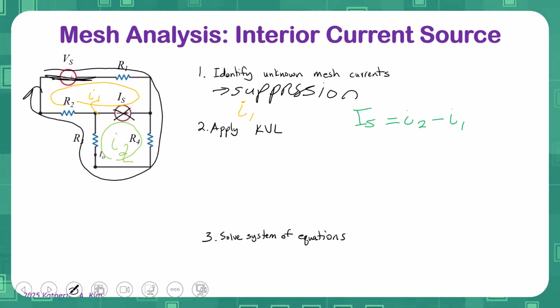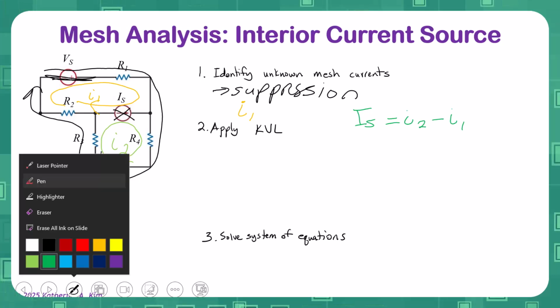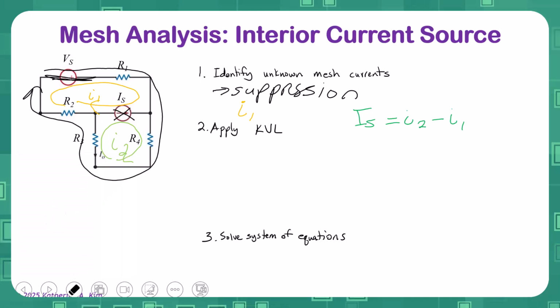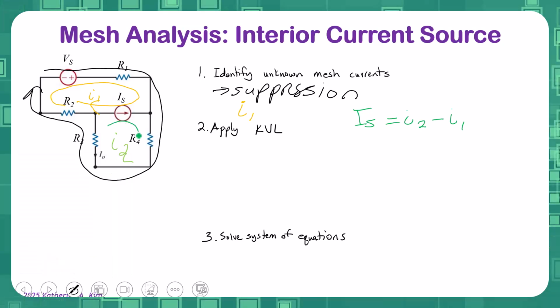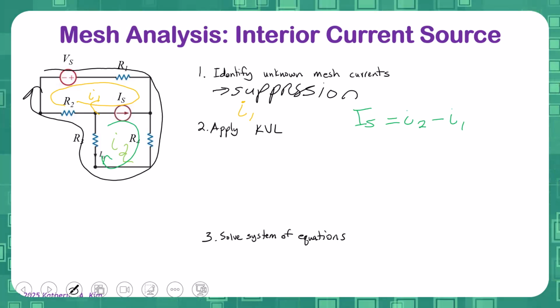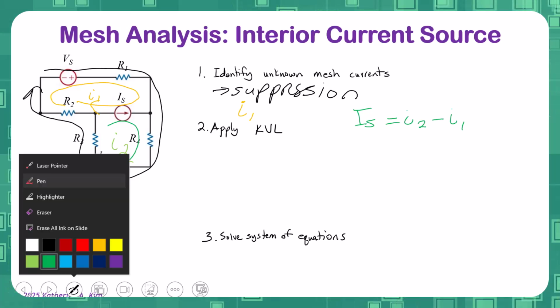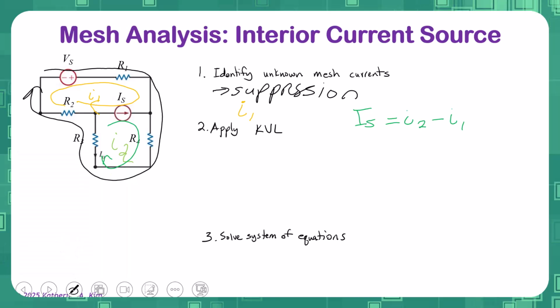So now we're going to apply KVL, Kirchhoff's voltage law. Let me see if I can erase some of this stuff here. Okay, I erased a little bit too much, but that's okay. So it's going in this direction. Okay. And so if we were to apply KVL on I1, I'm going to put some positive and negatives around here.